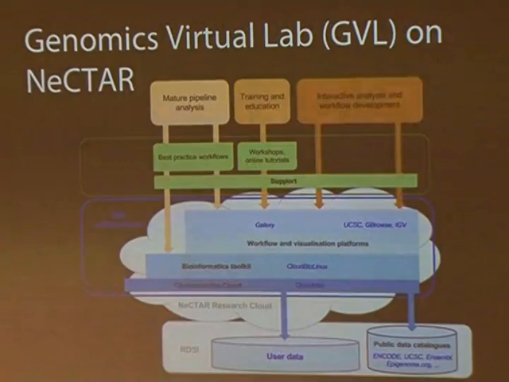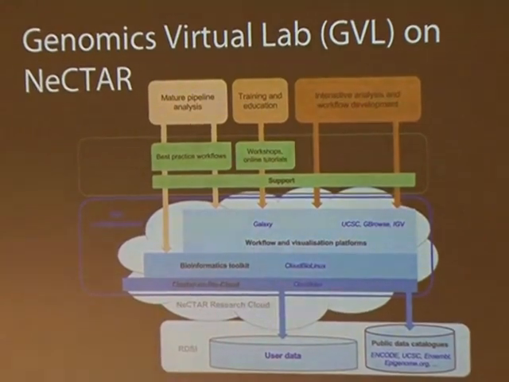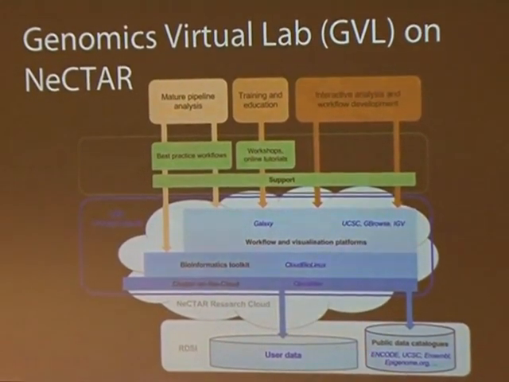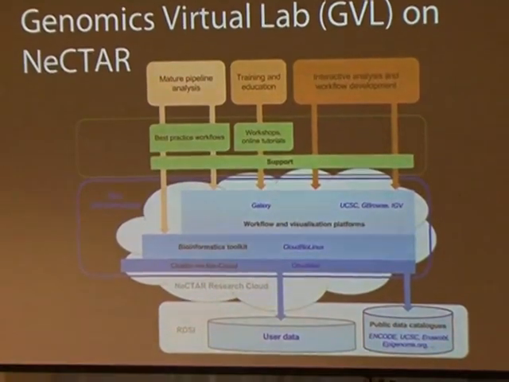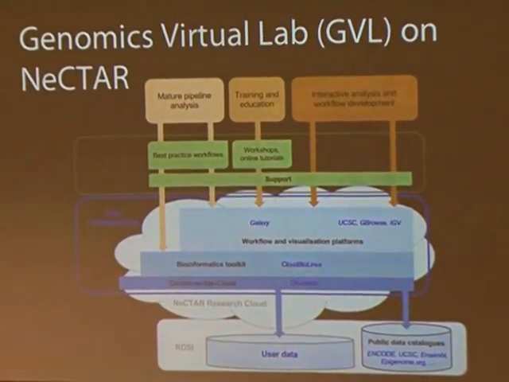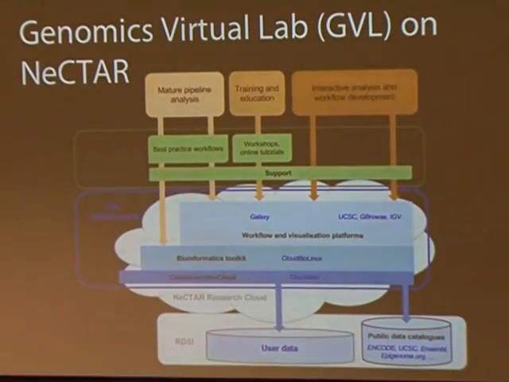And that's where the Genomics Virtual Lab comes in. This is an Australian national project funded by Nectar and co-funded by the partnering institutions. It tries to build an infrastructure in terms of both compute and capacity, and then going up to community resources, including tutorials, workshops, and best practices, to enable both bioinformaticians and biologists to perform data analysis.